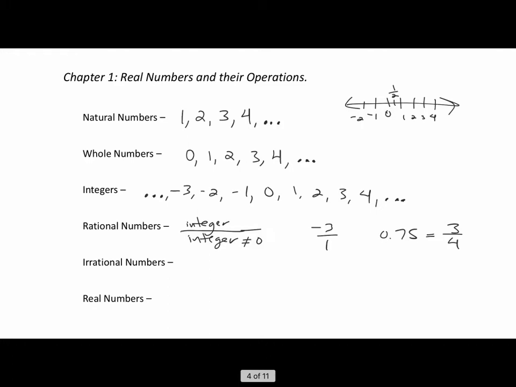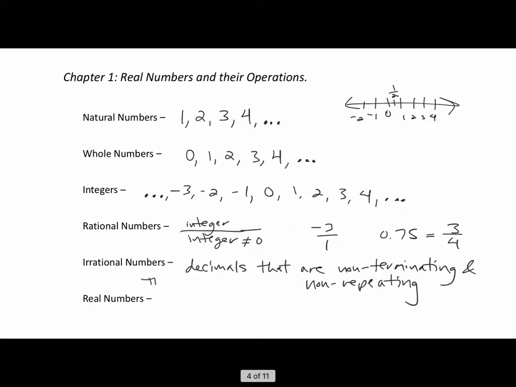So then if your number is not rational, it's irrational, in which case it cannot be written as a fraction. That means these are decimals that never stop, so non-terminating, and they do not repeat, so non-repeating. An example of that, everyone always thinks of pi.